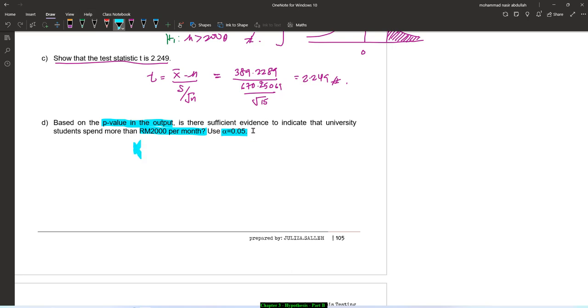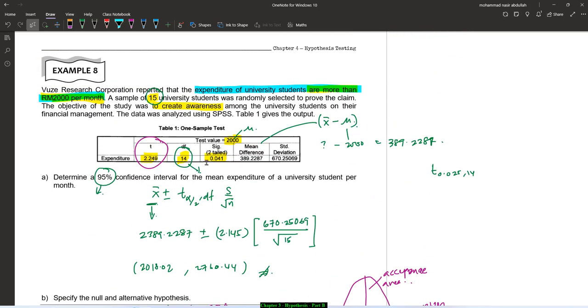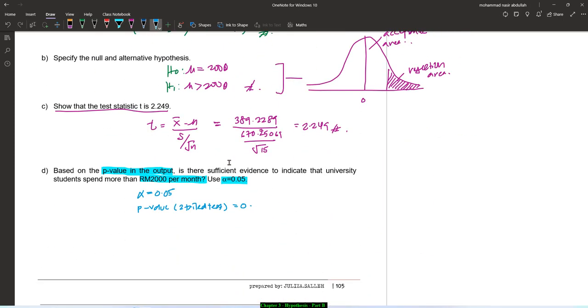So alpha is equal to 0.05. The p-value for the two tail test is equal to 0.041. So this is the p-value given.